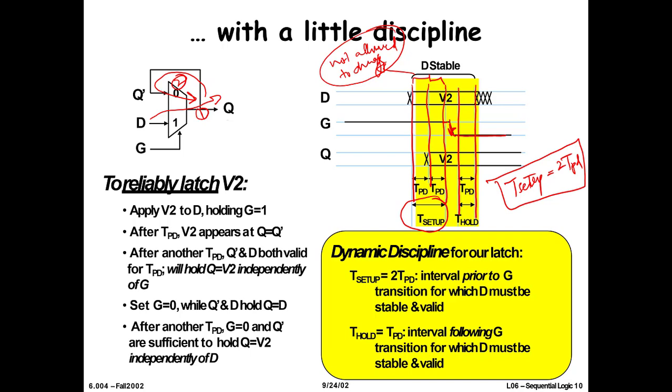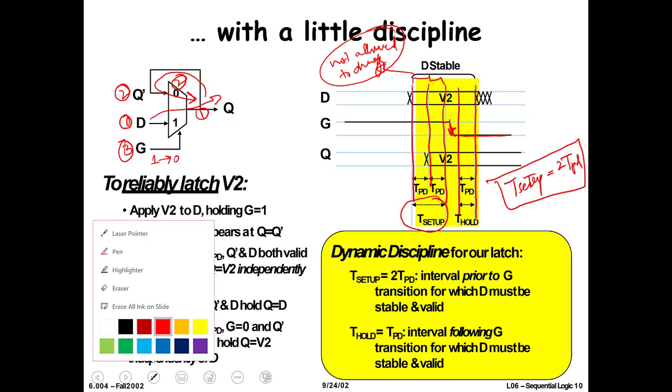So remember that this was the first step, this was the second step, this is the third step. So in the third step, what you have done, you have taken G from 1 to 0. Now this information will propagate. Let me mark this with another color.